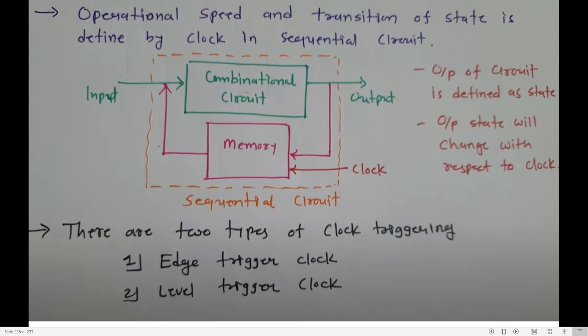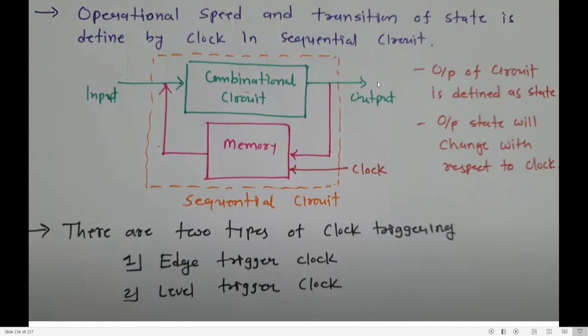Now what I need to understand is, what is this clock? How does the output change when the clock changes? Okay. So this we will understand now. Now this clock needs to be triggered. You know a sequential circuit is a circuit whose output changes when there is a change in input as well as in the past output.